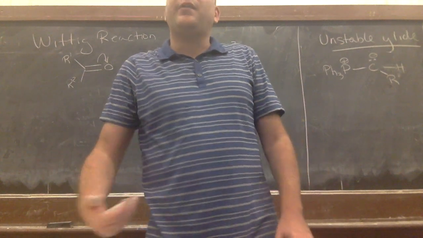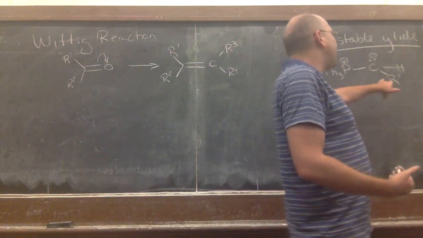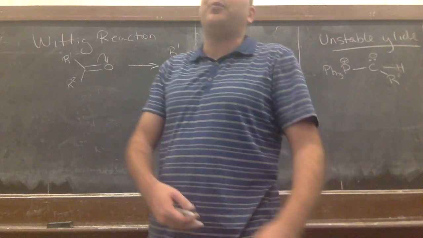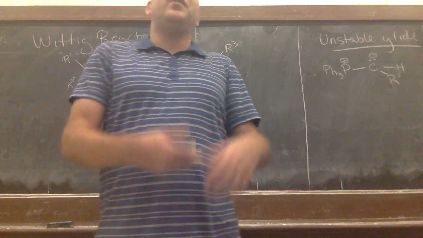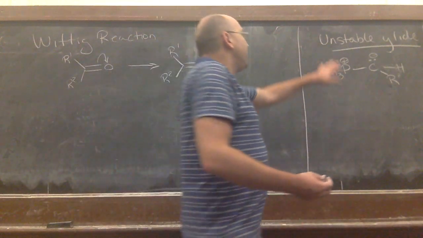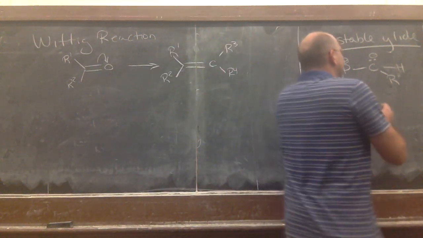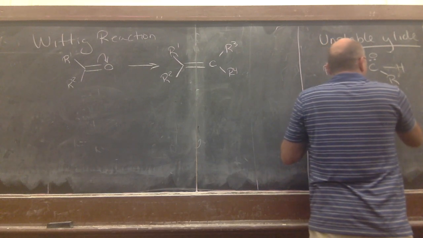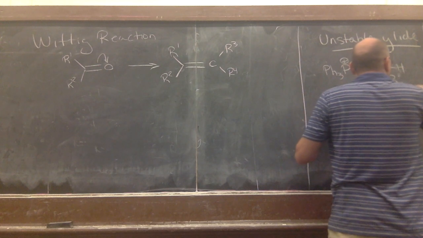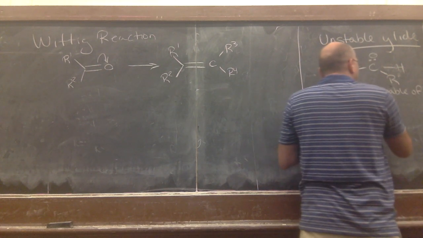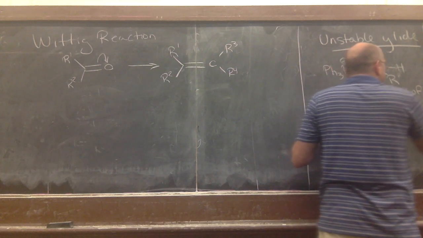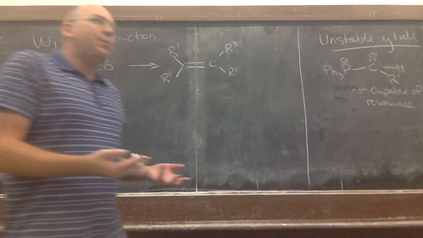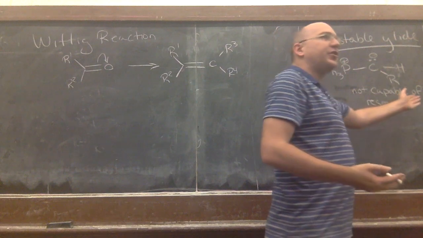Usually what people refer to here, to keep things simple, is they'll say if that group is, for example, a methyl group or some type of alkyl group, or even a phenyl group, unstable ylides. I recognize this might confuse things because it's not as cut and dry as this, but we'll stick with this just to help us understand it. But not capable of resonance stabilization.